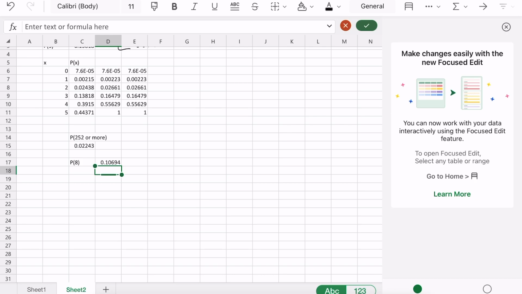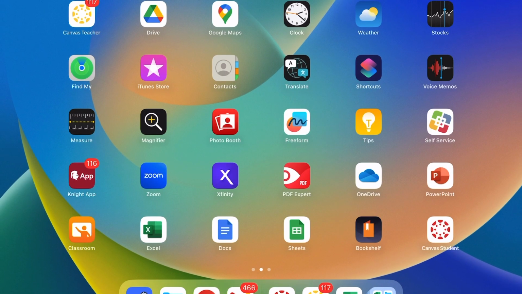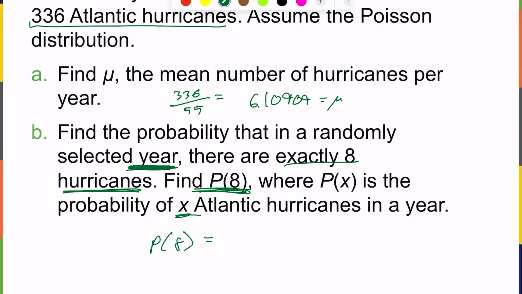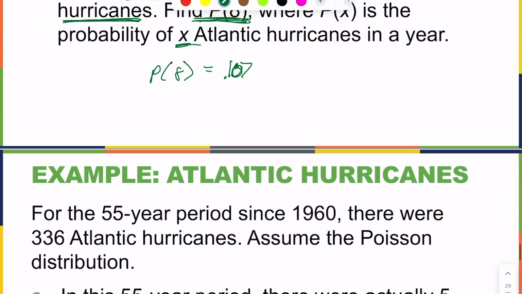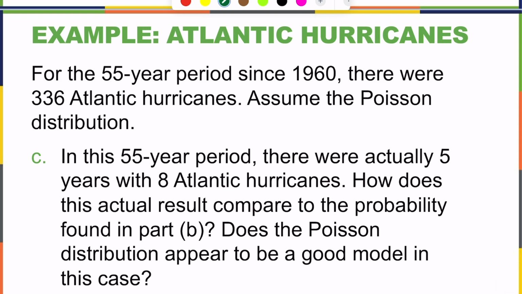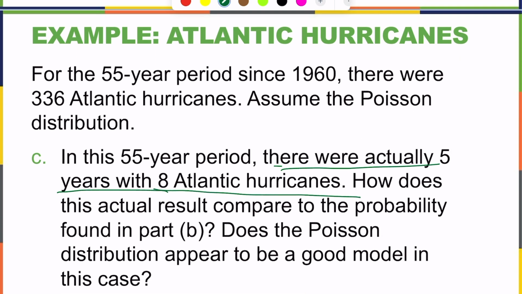0.10697. I'm going to round that to 0.107. So P of 8 is 0.107. All right, great. Found that. Okay, for the 55-year period, there were actually 5 years with 8 Atlantic hurricanes.